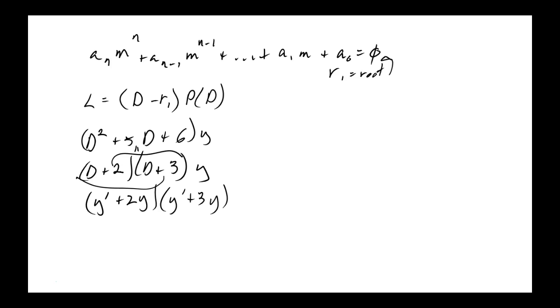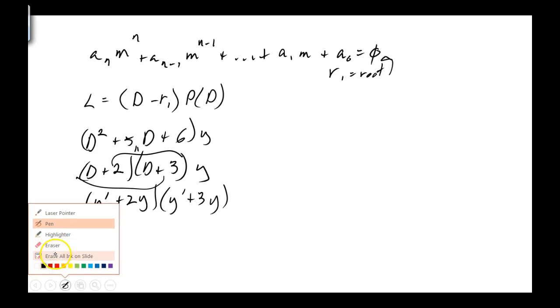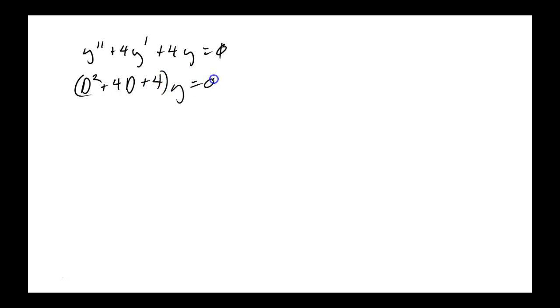A differential equation such as, let's start over and start this more from scratch now. A differential equation such as y double prime plus 4y prime plus 4y equals 0. That's the differential equation. Now, another way to write that is with your operator, D^2 plus 4D plus 4 times y is equal to 0.